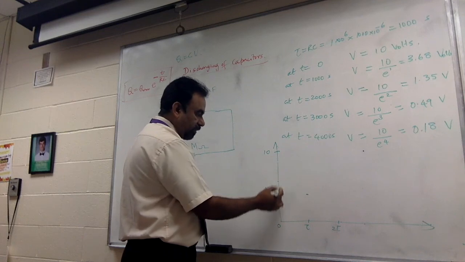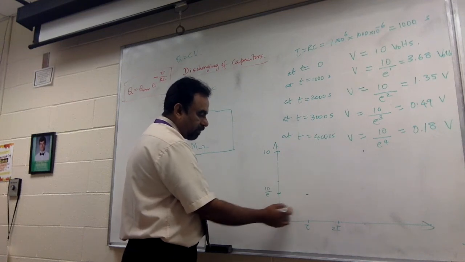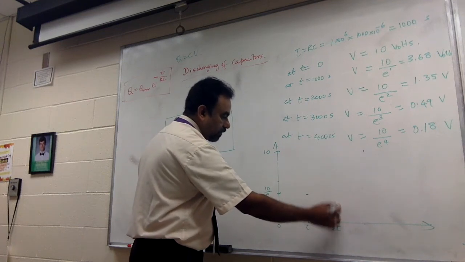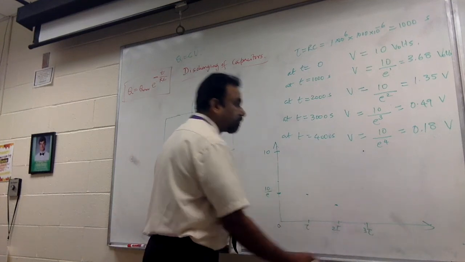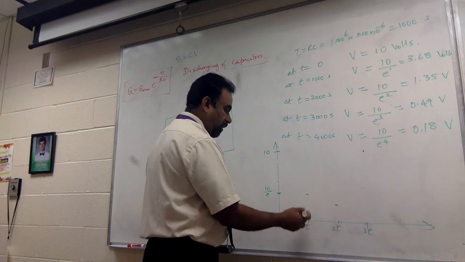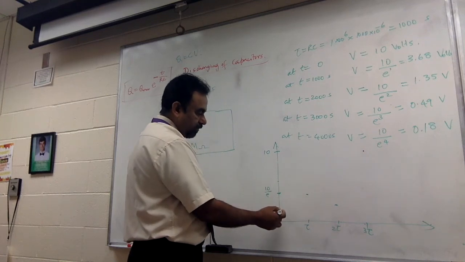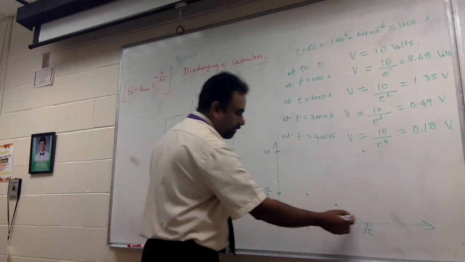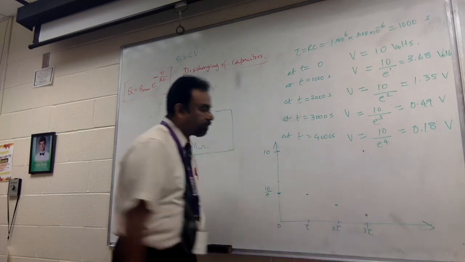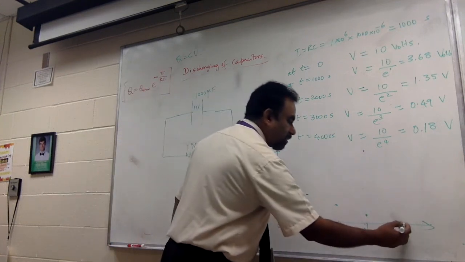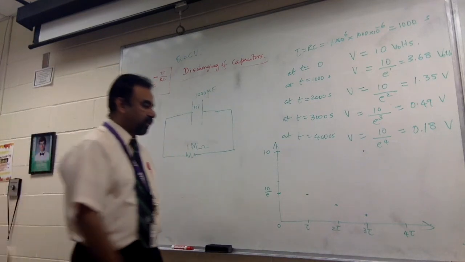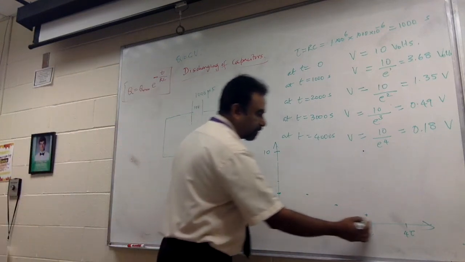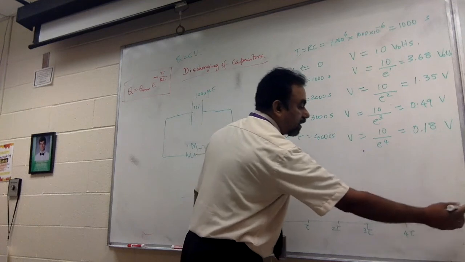So 10, 5, 1.35. And then after three time constants, it becomes 0.49. And after 4 time constants, it comes down to 0.18 and keeps going like that.